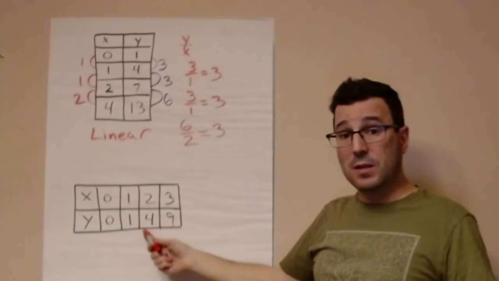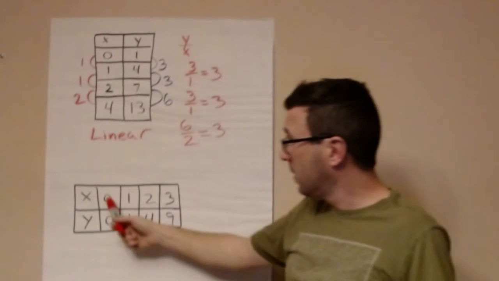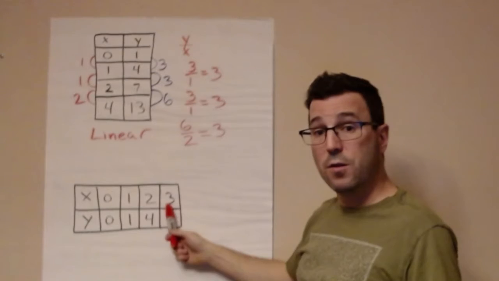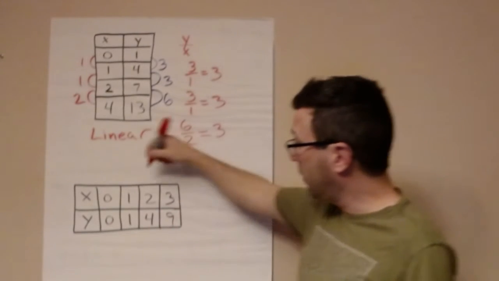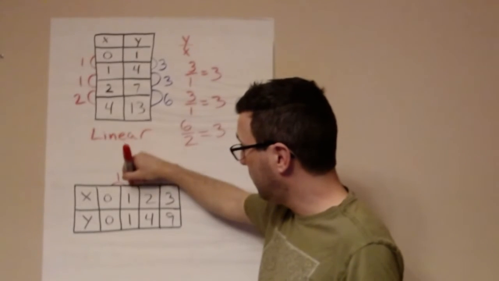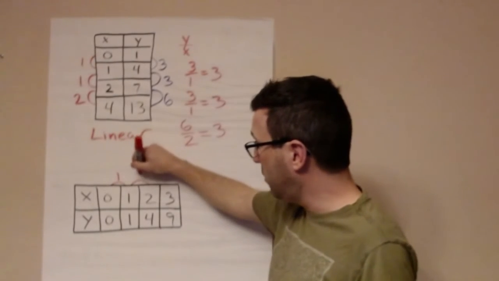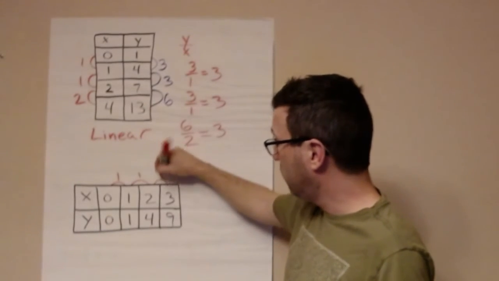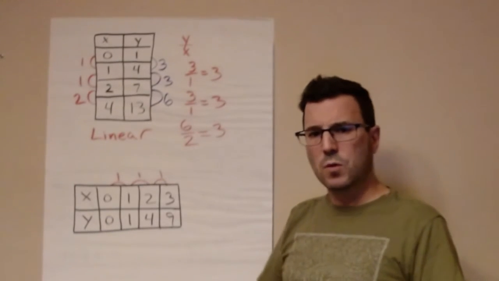Then I'm going to look at this second one here. 0, 0, 1, 1, 2, 4, 3, 9. So again, I'm going to look. 0 to 1, 1 to 2, again, is a 1. 2 to 3 is a 1. So that time, that's consistent.